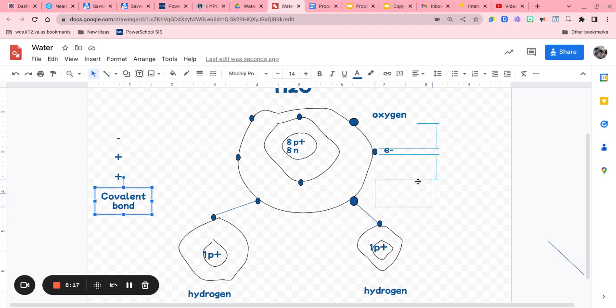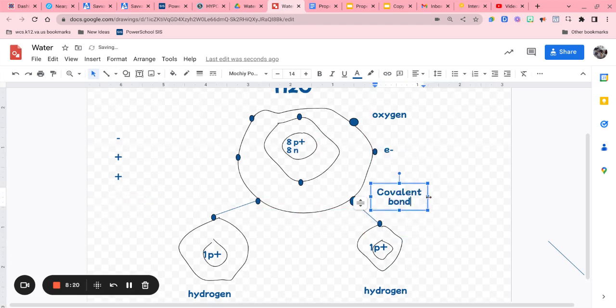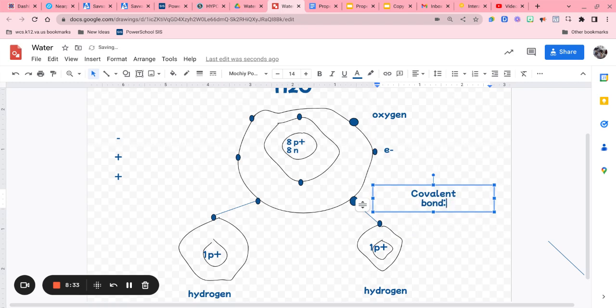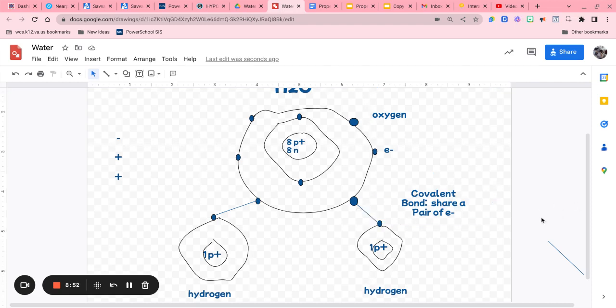And we're just going to put in here what it is: share a pair of electrons.